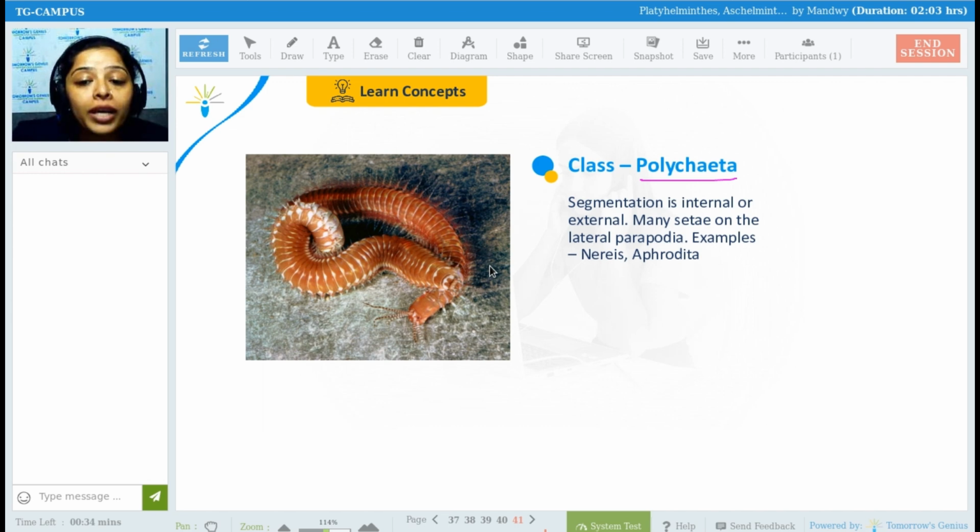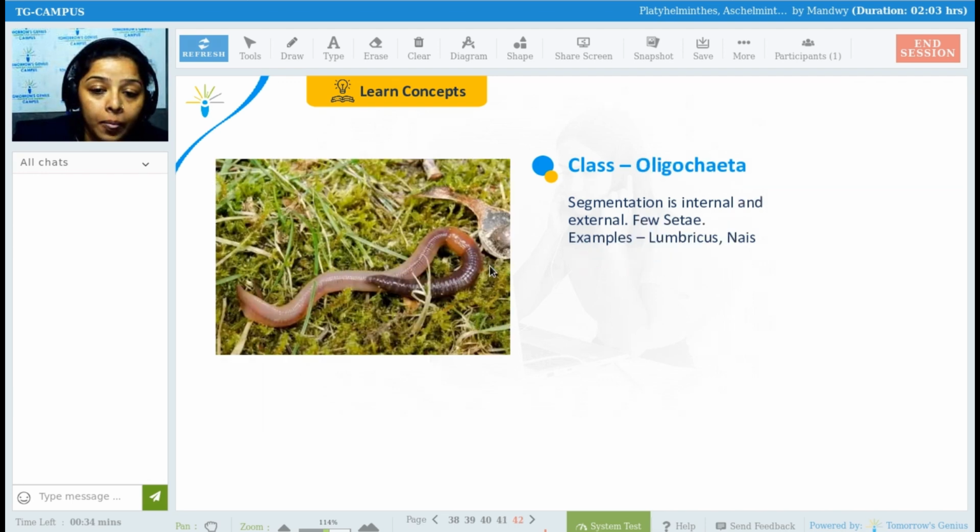So Polychaeta has all 3 features required for the classification: segmentation internally, externally, setae, and lateral parapodia. Examples of Polychaeta are Nereis and Aphrodita.